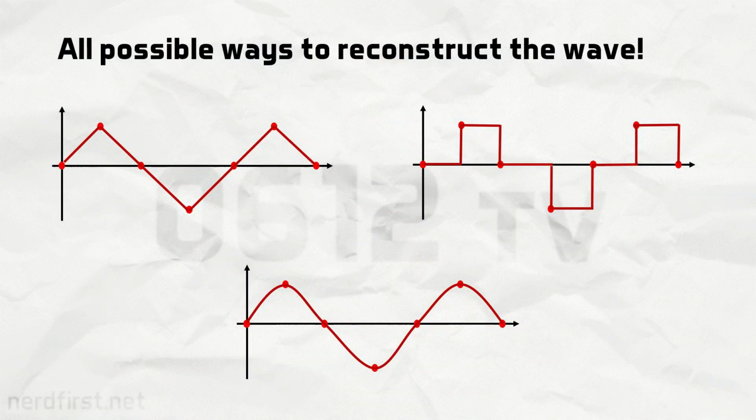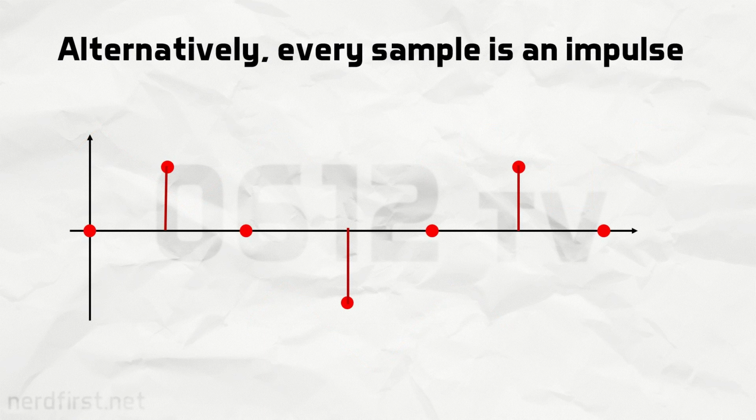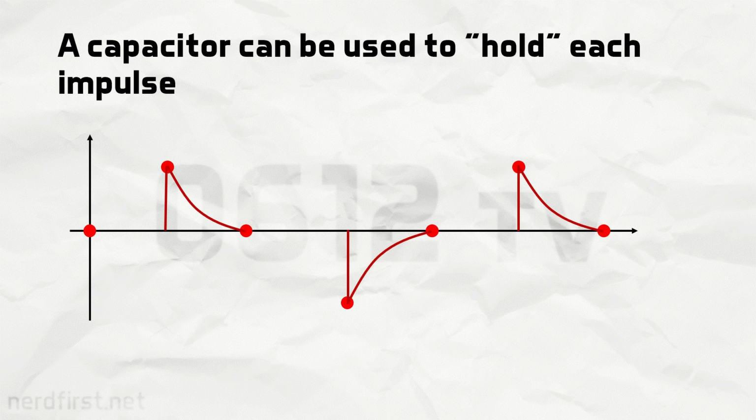We can hold the level until the next sample comes along, creating a stair-step pattern. These can even be treated as discrete impulses, allowed to slowly fall off until the next sample comes along. You only need a capacitor to do that, so that's actually the cheapest and simplest way of reproducing the analog signal. Of course, that's not going to sound great because you introduce a lot of weird frequencies into play.